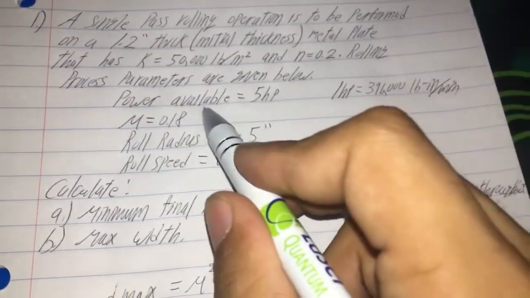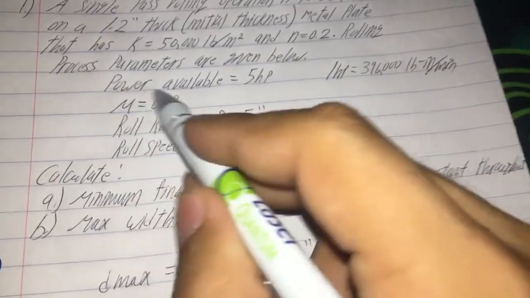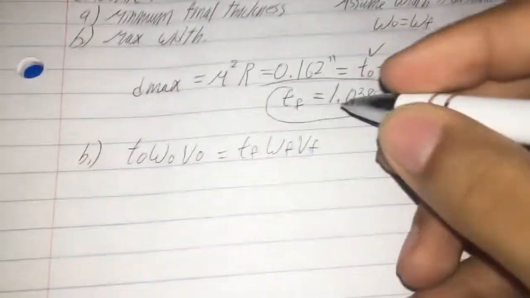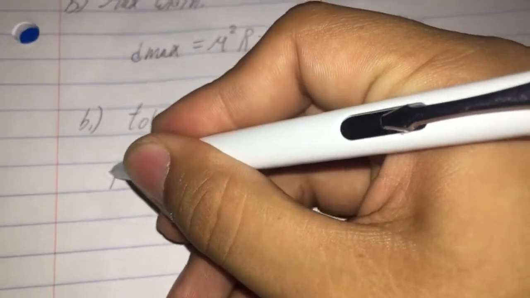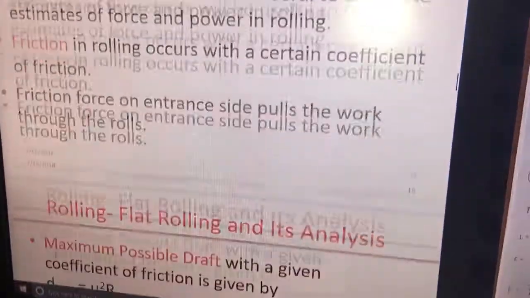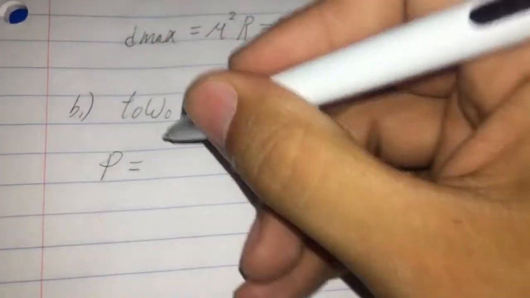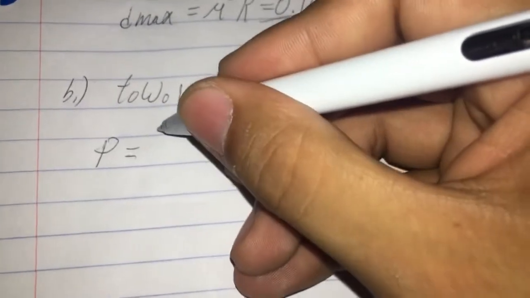We know two things about power. We know the quantity as well as the equation. So power was equal, and let's get it from here. So for the power of both of the rollers, let's take that into account.